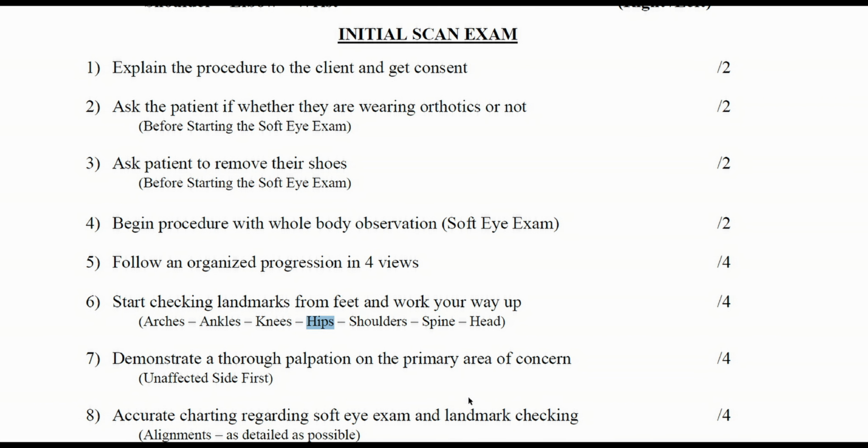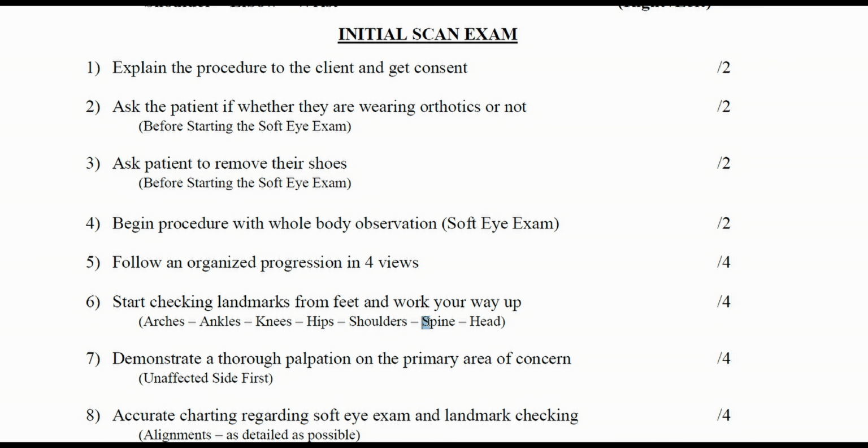After that, you're skipping the entire trunk. We're not looking for anything there. I want you to look at the shoulder alignments. That should be comparing with your soft eye exam, and if there is any baggy clothing, you push it down, to check the shoulder alignments, whether they are internally rotated, externally rotated, and that kind of thing.